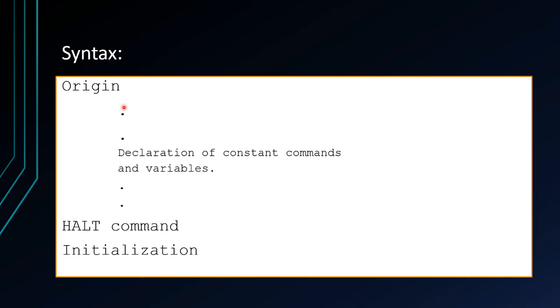So, after the origin, we now can write the different instructions such as add, load, store, and the different variables. And then after that is the halt command. The halt command means the program stops running. And then after the halt command is the initialization.